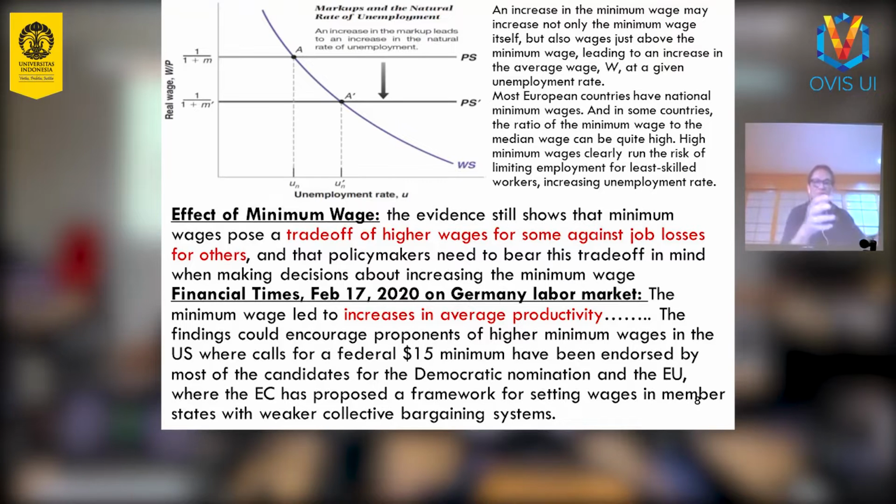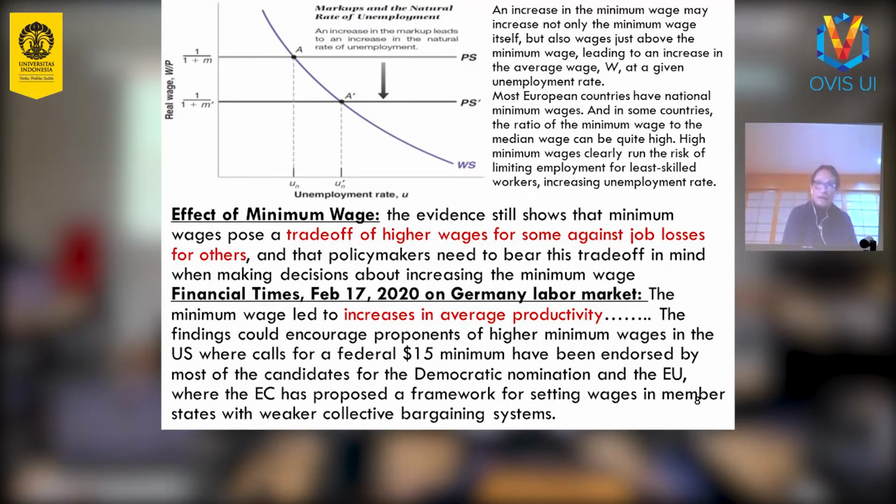So now let's talk about the minimum wage, as we discussed earlier. Depending on where you are at this moment, if you are in an ideal equilibrium position, what does that mean? That means the worker is already well paid, and the level of unemployment is very low.